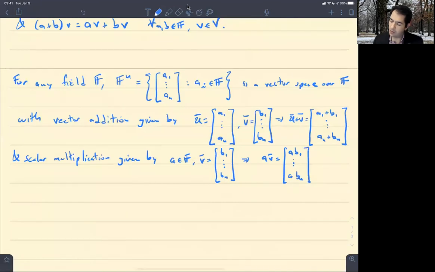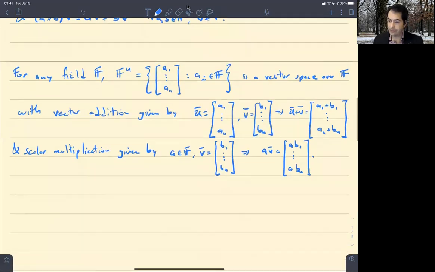So it has entries aB1, dot dot dot, aBn. I will let you check that the properties of addition and multiplication in the field carry over to make Fn a vector space. It means that the operations of vector addition and scalar multiplication, as defined right here, satisfy all of the properties of the definition.